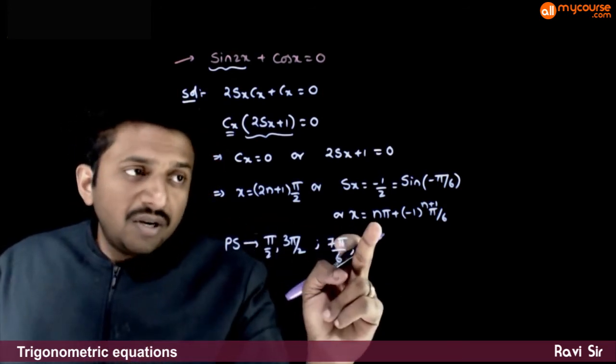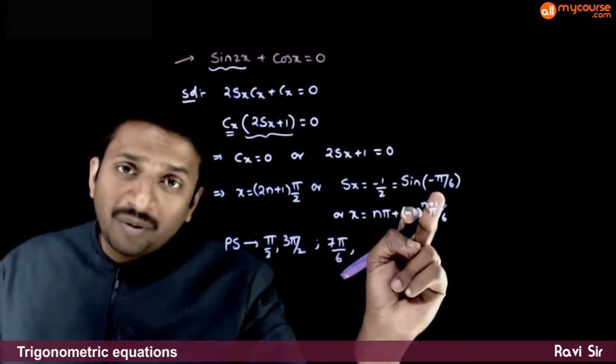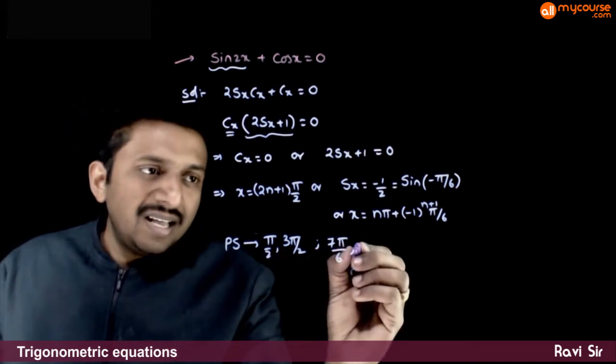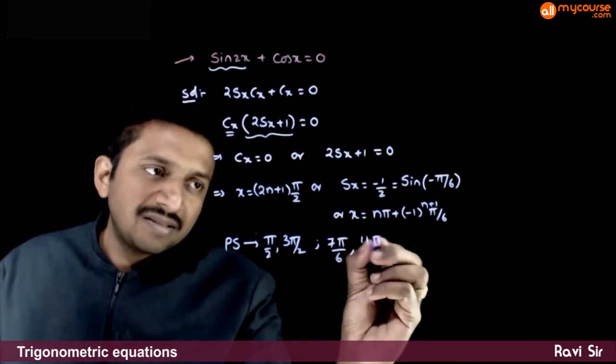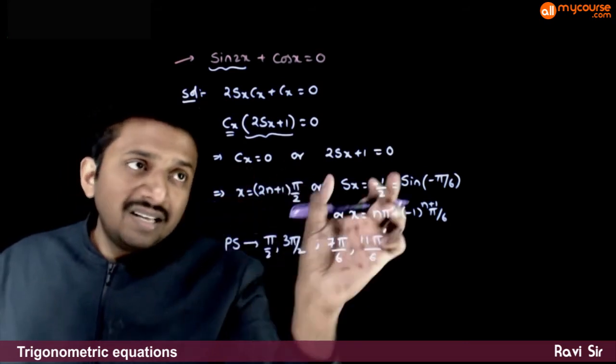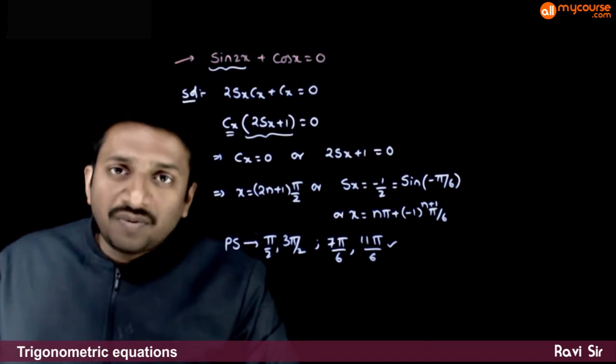If you put n is equal to 2, the power becomes 3, so 2 pi minus pi by 6, that is 11 pi by 6. These are the two principal solutions for this side. So in total, you have 4 principal solutions for this equation.